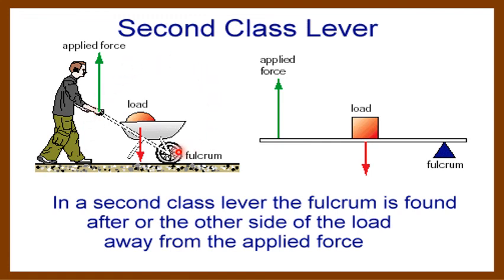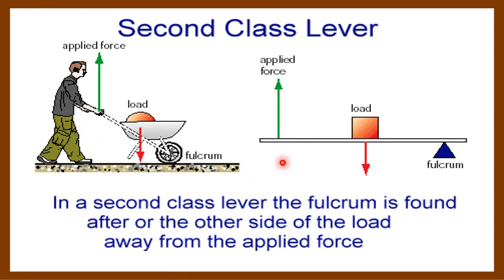And the fulcrum is on the other corner. What is in between both these things? In between both these things, the load is there. So simply we can say that the second class of lever has the load in between the effort and fulcrum.